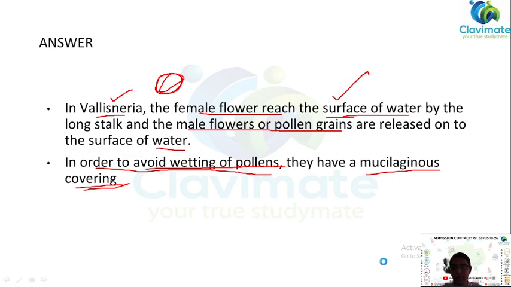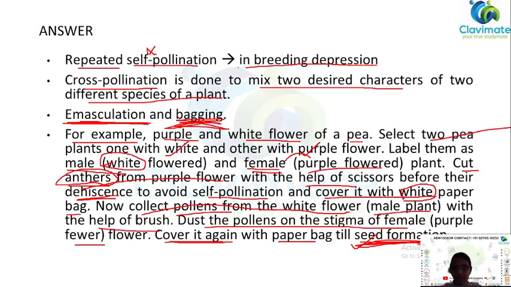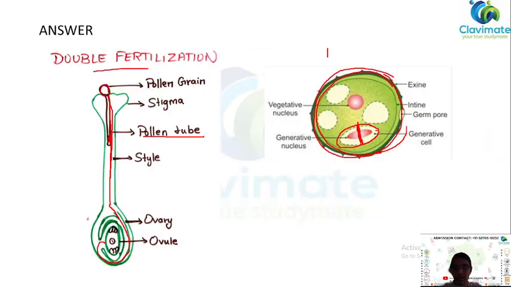Now we move back to the question, the phenomenon of double fertilization. Here you have the ovule. After double fertilization, this ovule develops into a seed.